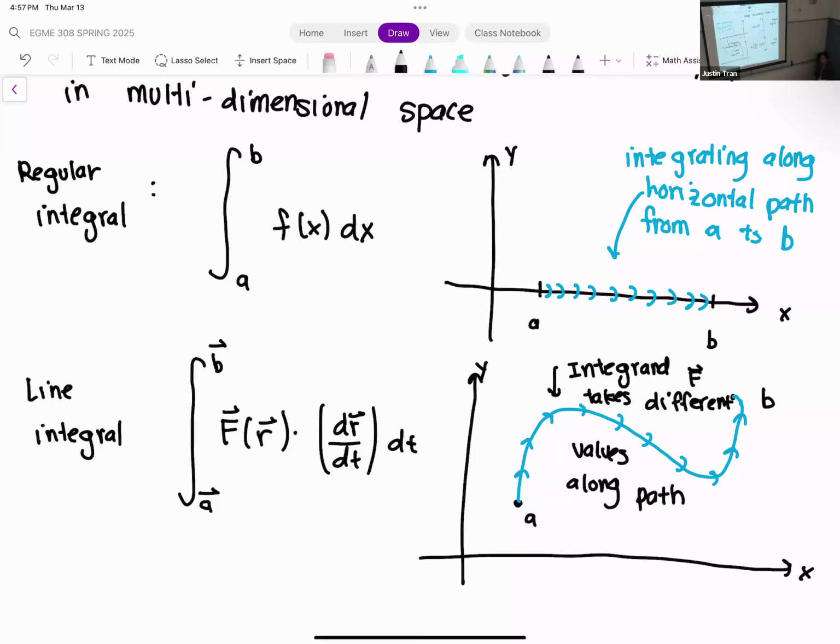So the line integral is really meant to be an abstraction of our typical 1D integral, where instead of a regular flat horizontal path, we're taking a little crazy path in two-dimensional or even three-dimensional space. Any questions on this?